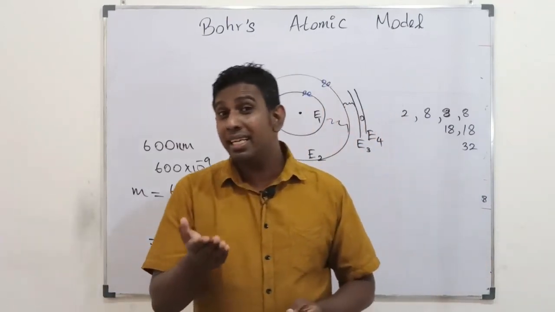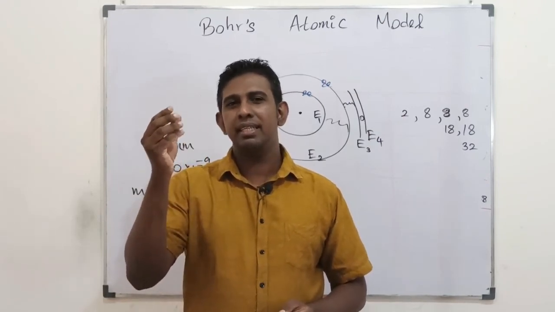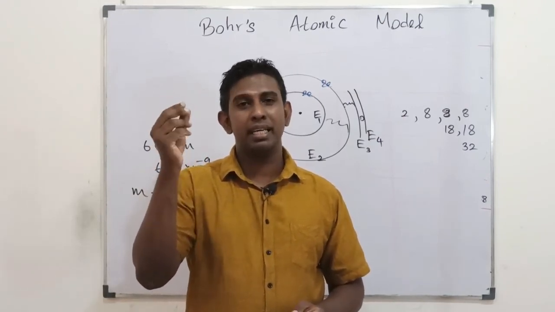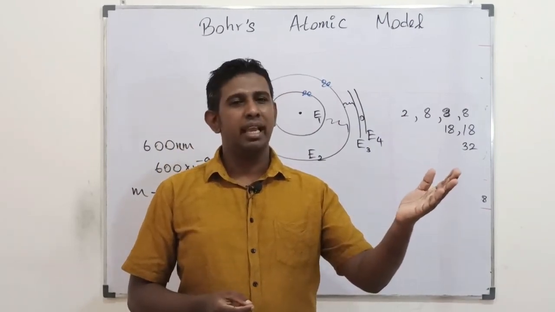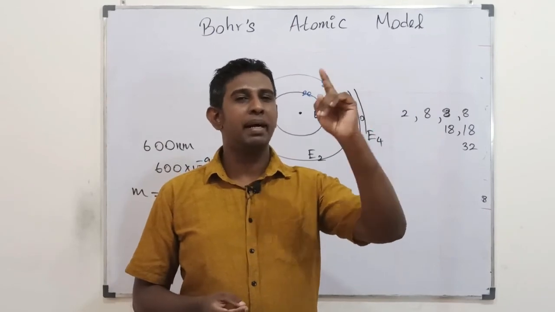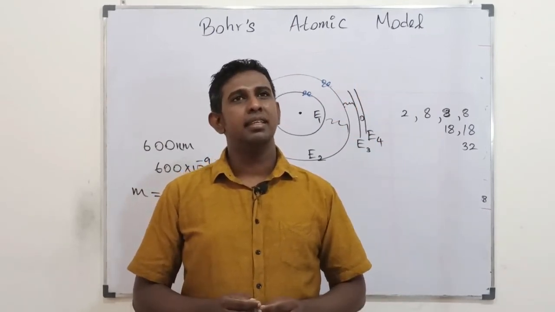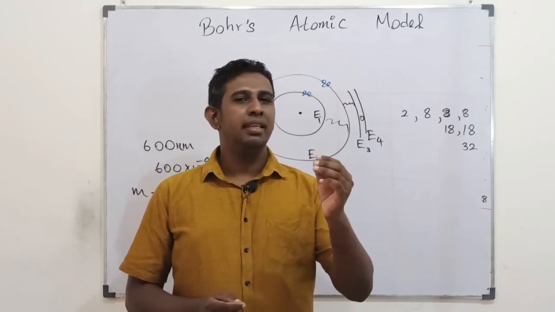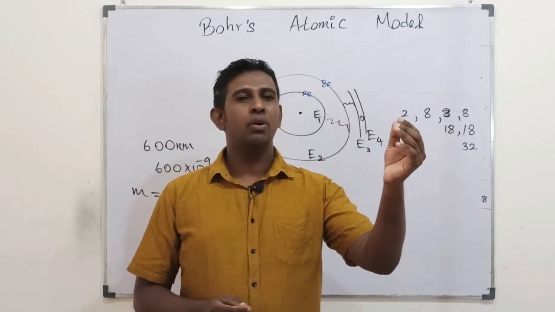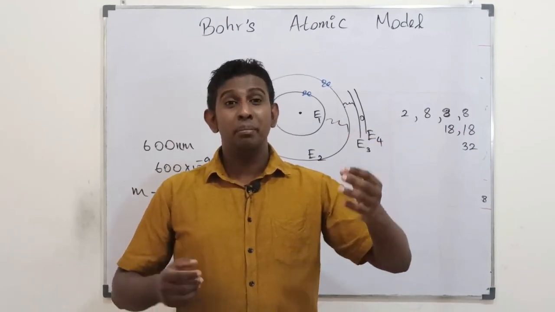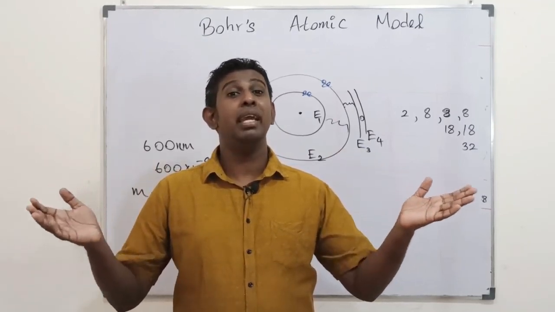Again, the earlier argument was that if this particle electron, a charged particle, is moving in a circular path, it could lose energy and finally, going in a spiral path, would land on the nucleus. But now the answer is that the electron has particle wave duality. So at the same time it could behave as a particle as well as an energy wave.